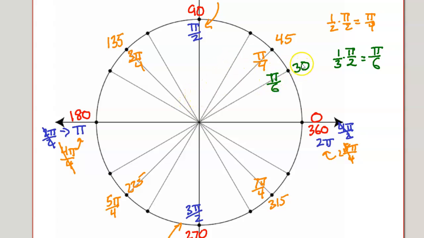And we can count 30s all the way around, right, by adding 30. So 30 plus 30 is 60, plus 30 is 90, plus 30 is 120, plus 30 is 150, plus 30 is 180, plus 30 is 210, and 240, 270, 300, 330, and then back to 360, right? Just by adding 30 repeatedly.